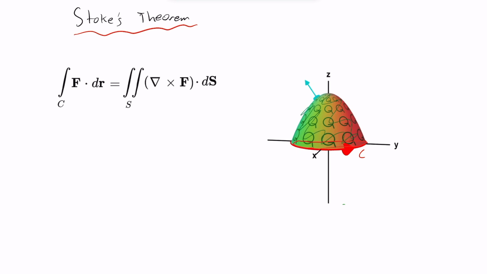The way that we can understand this is that if we're taking these little circulations and adding them up across everywhere in the surface, all of these circulations are going to cancel within each other, except for the circulation which is around the outside. So that's how we derive Stokes' theorem from an intuitive perspective.